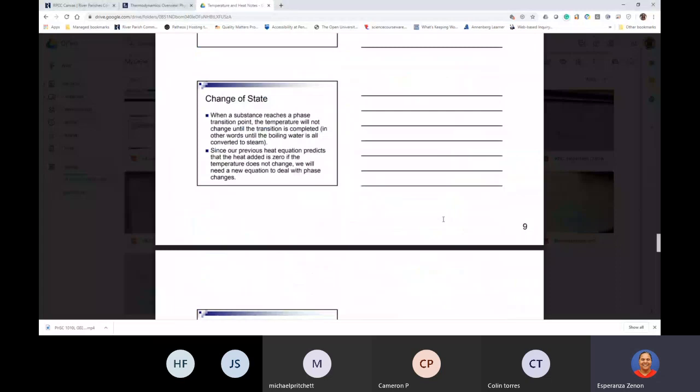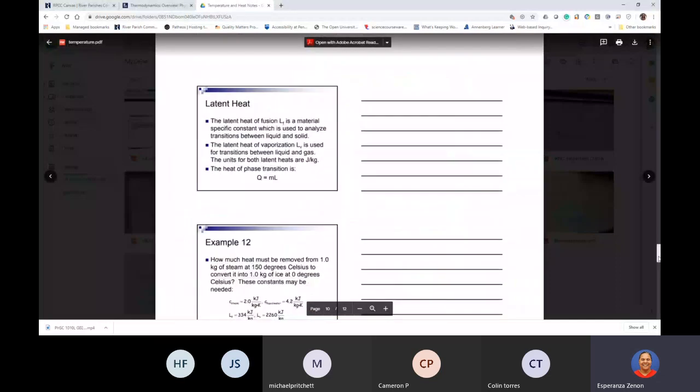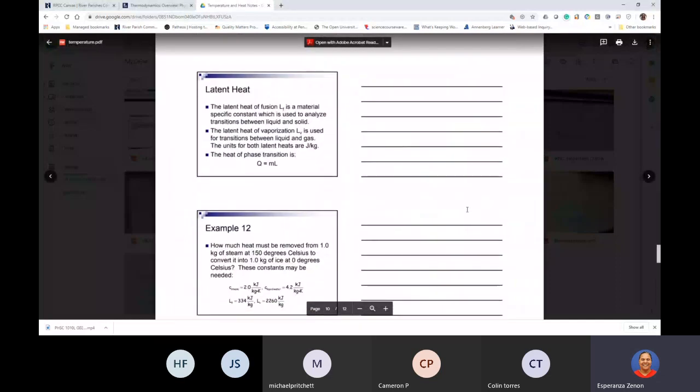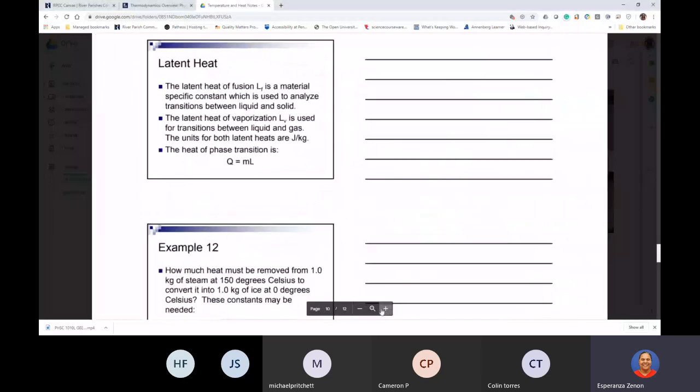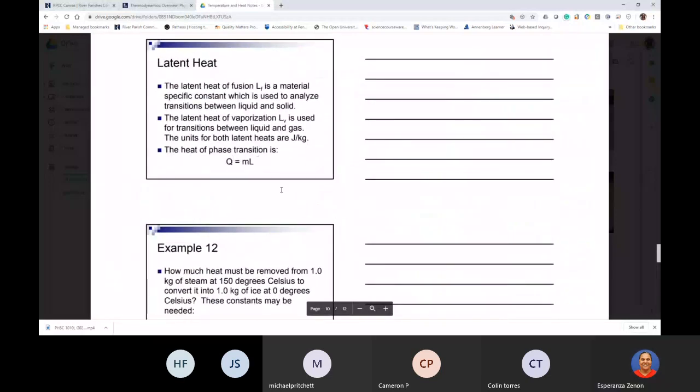So we have to have a different formula to look at the heat transfer in this situation, and it's called the latent heat formula. And you see the formula written there, Q equals mL. That is the latent heat transfer formula, where M is mass and L is this latent heat constant.